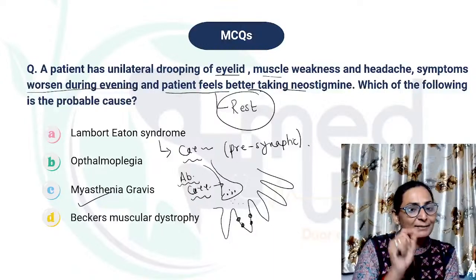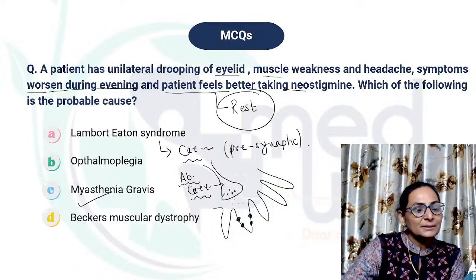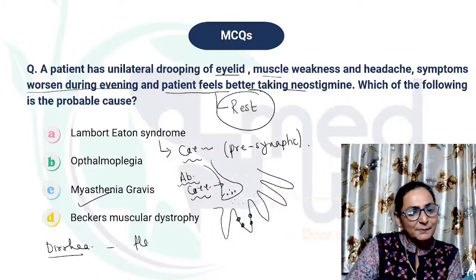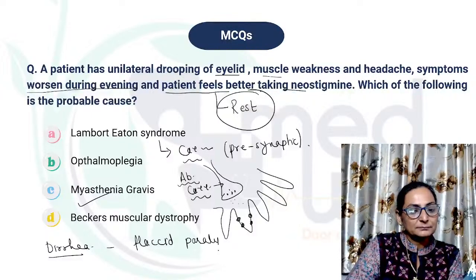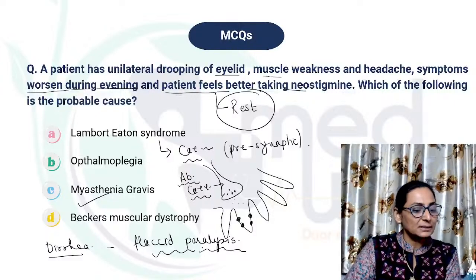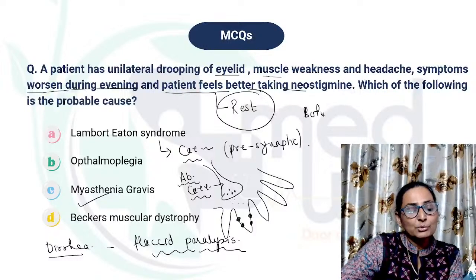Also, at the level of the neuromuscular junction, remember one more important thing: a person comes with a history of diarrhea and then develops flaccid paralysis. Okay, history of diarrhea and then comes with flaccid paralysis. This is a condition with the toxin of botulinum.